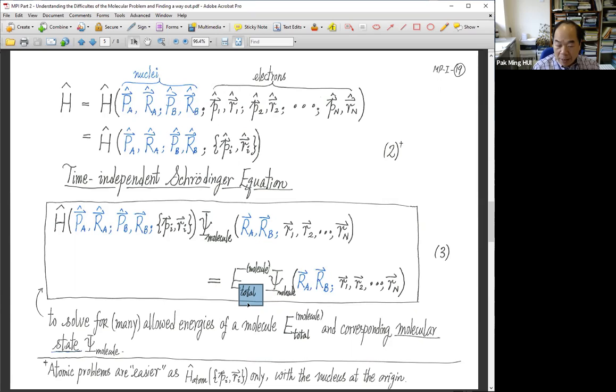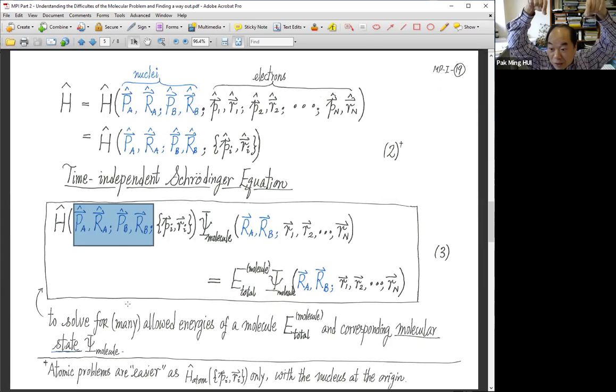By that, I mean later on we will make approximations. For example, we will neglect all this by pretending the nuclei do not move, fixed at a certain distance.